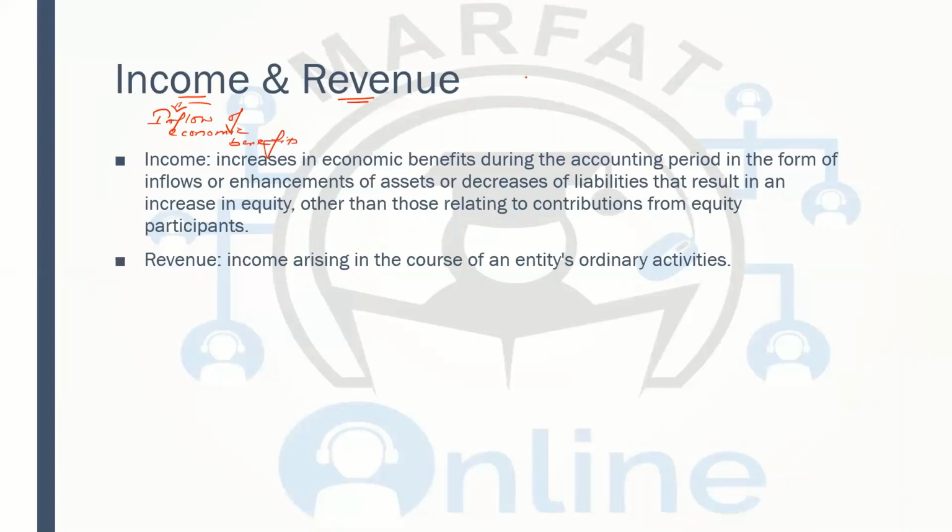And when we talk about revenue, revenue is the income from the ordinary course of business. Ordinary activities or ordinary course of business means the principal business activity.